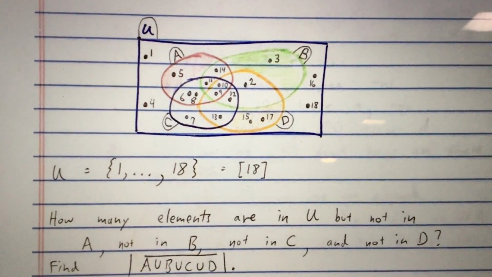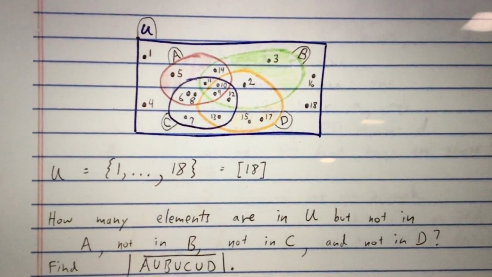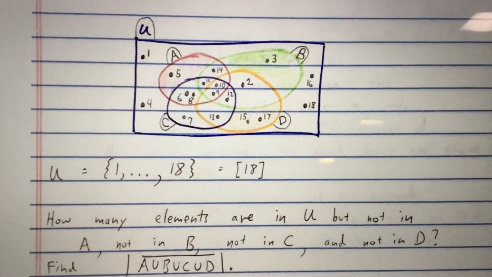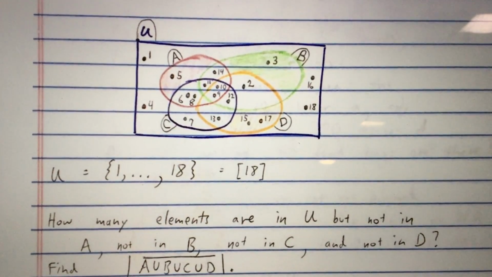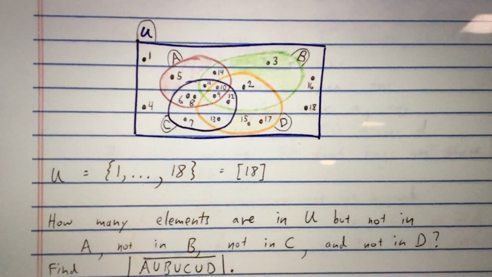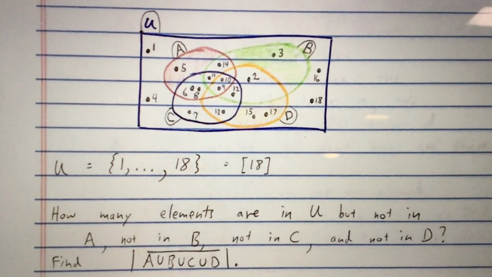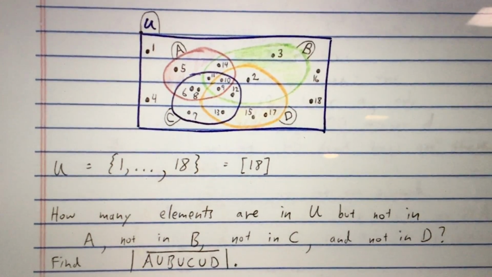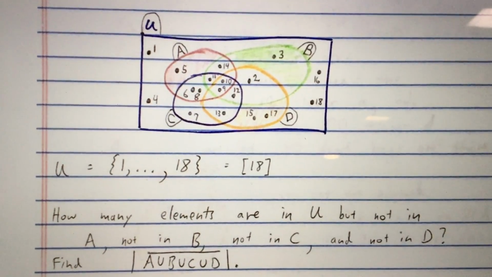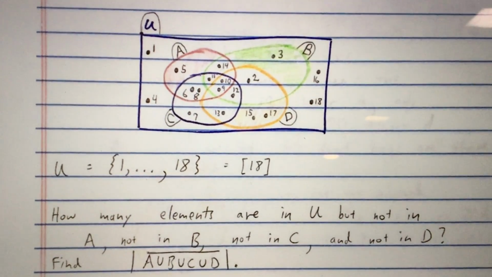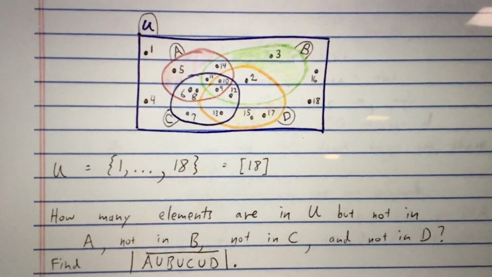So the question is, how many elements are in U, but not in A, B, C, or D? Not in any of those. So we're looking for the union, A union B union C union D, complement, the bar over it, counted, the absolute value bars on both sides.